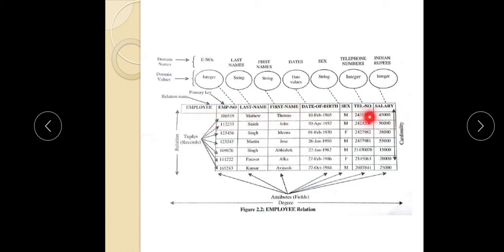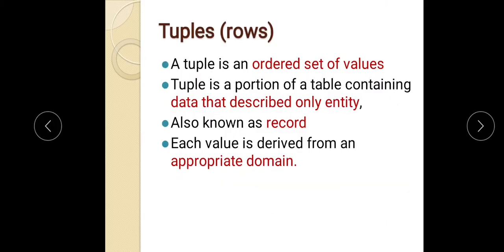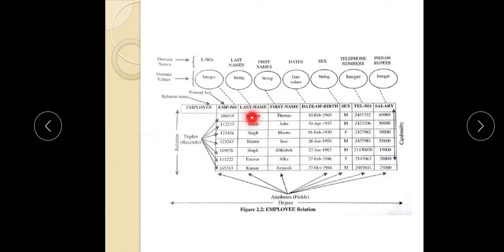This is an ordered set of values. It represents the details of a particular employee called Matthew Thomas. It has a particular order. First the employee number is given, then the first name, last name, date of birth, and so on.